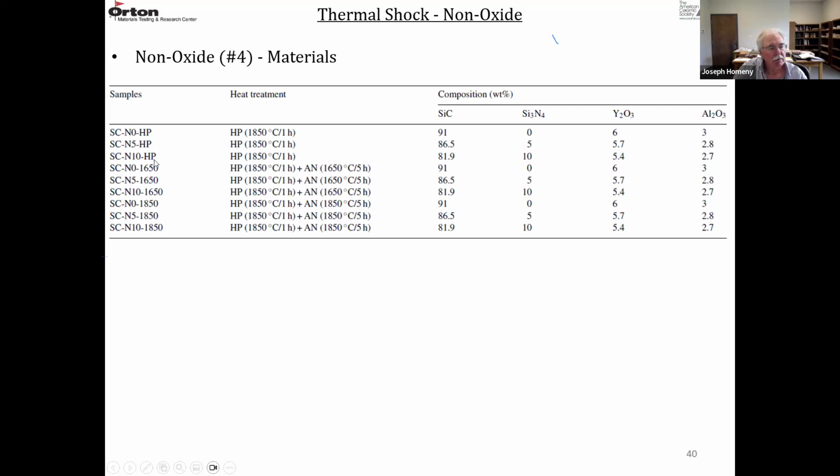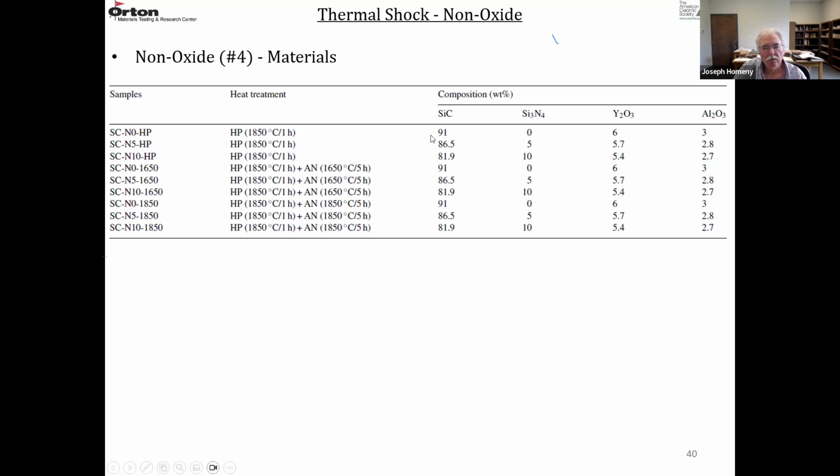So there were three compositions they looked at: SN N0 hot pressed, SC N5 hot pressed, and SC N10 hot pressed. So the silicon nitride content, N0 was 0, N5 was 5, and then N10 was 10.